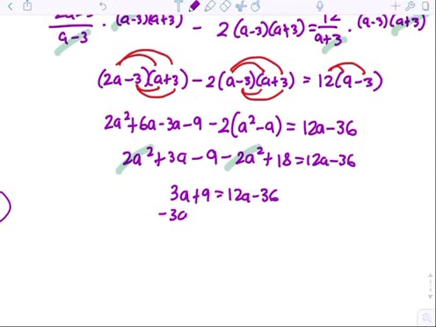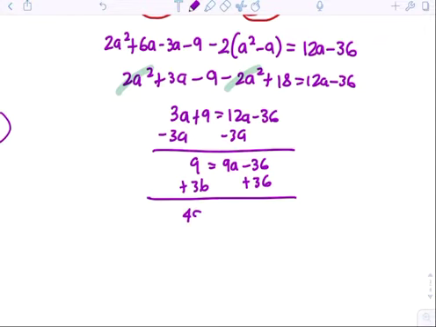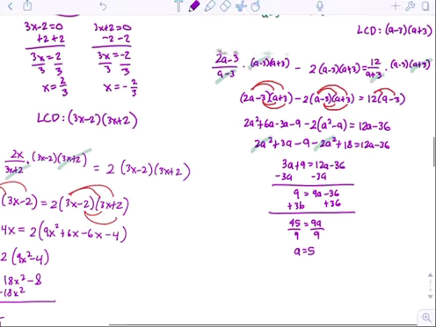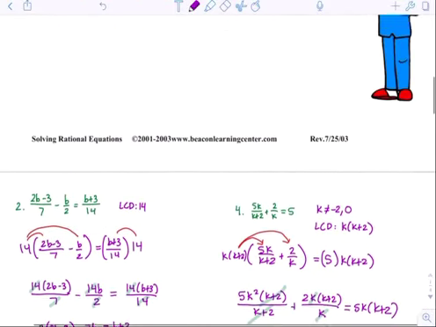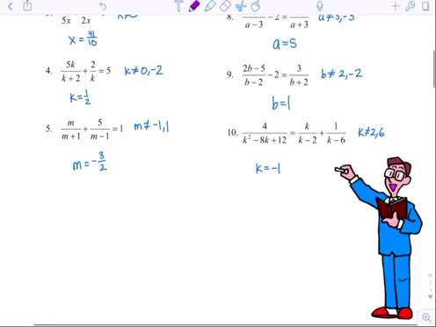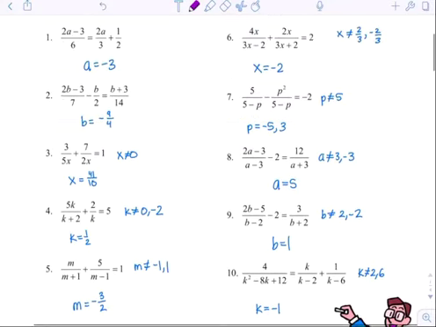So I'm going to subtract 3a from both sides. 9 is equal to 9a minus 36. Add 36 to both sides. 45 is equal to 9a. Divide both sides by 9. And we're going to get a is equal to 5. And does that match with what we got from up here? Yep. a is going to equal 5.